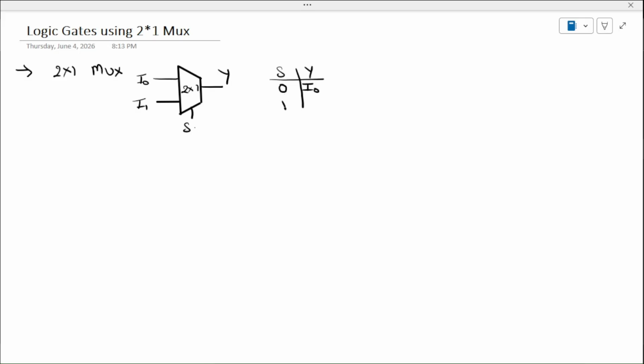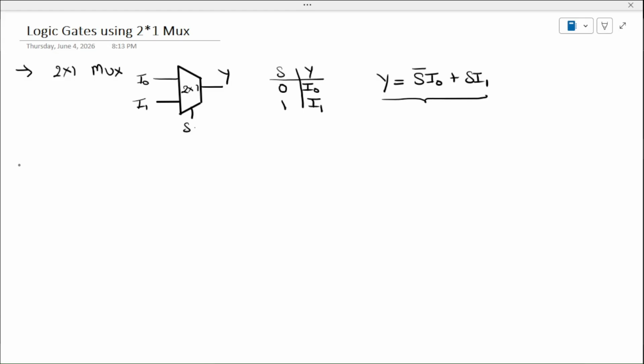When the select line is 1, the output will be I1. The equation will become Y equals S bar I0 plus S I1. By using this equation, I have to implement all the logic gates.